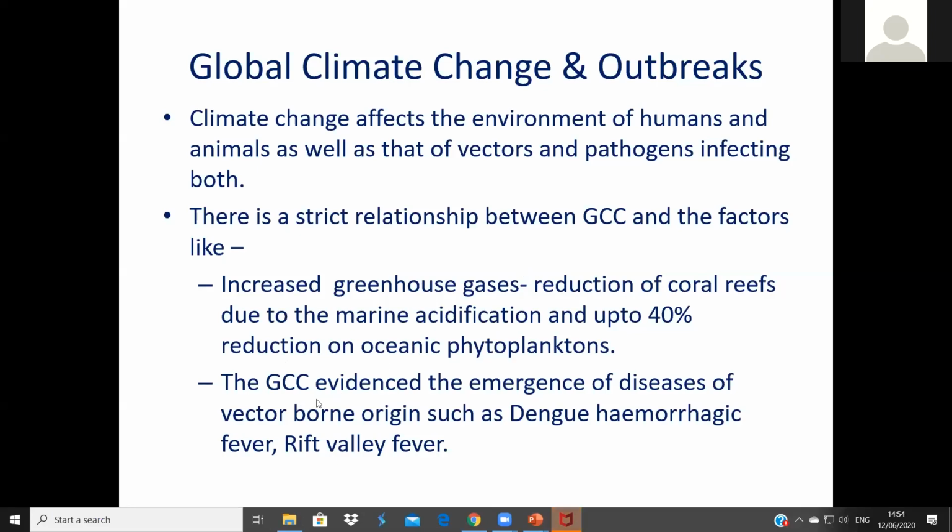Global climate change has also been linked to the emergence of diseases like dengue hemorrhagic fever and Rift Valley fever. Nowadays we are seeing Kyasanur forest disease. Initially it was restricted to forest in Shimoga, but now it has gone to Maharashtra as well as Gujarat.